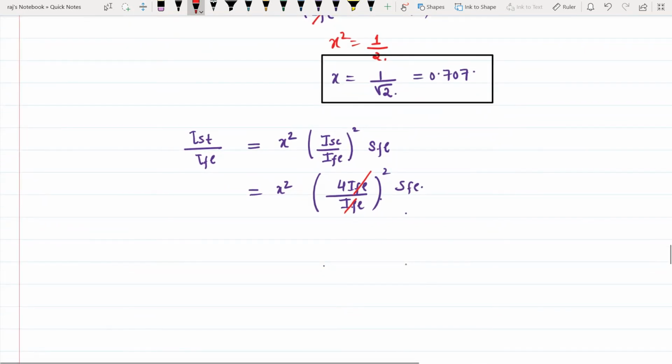So this will be 1 by 2. X square already we have calculated as 1 by 2 into 4 square is 16 into S times FL.